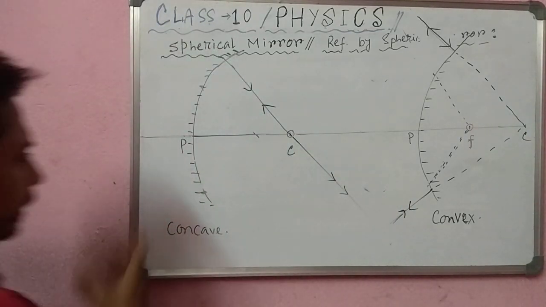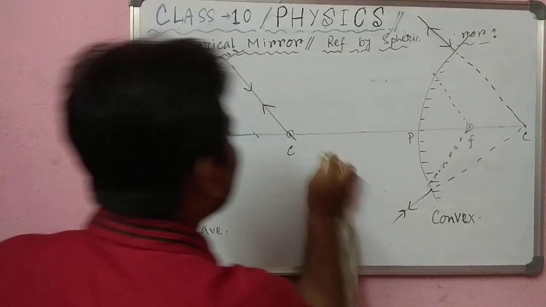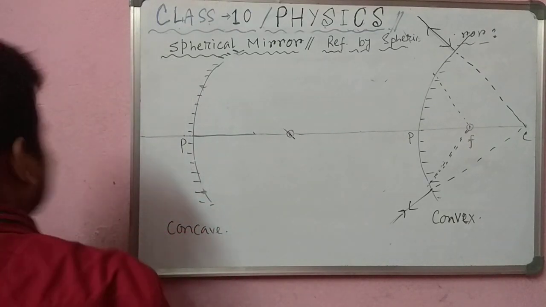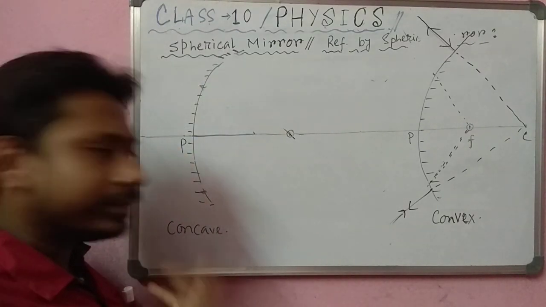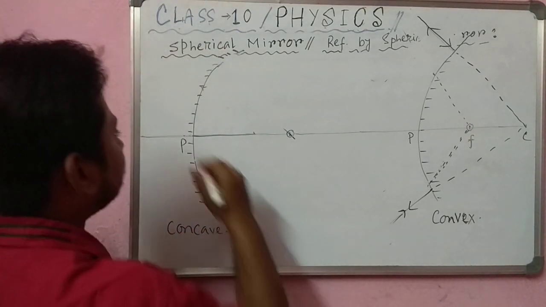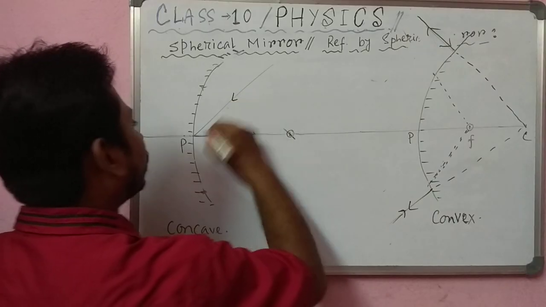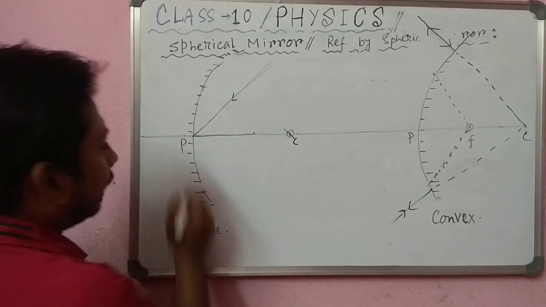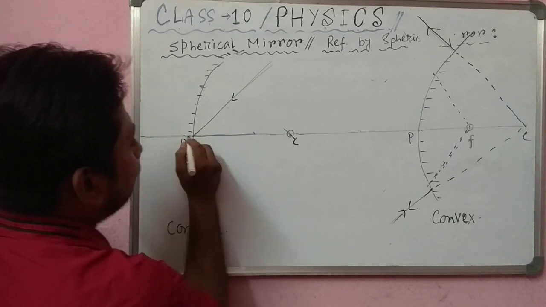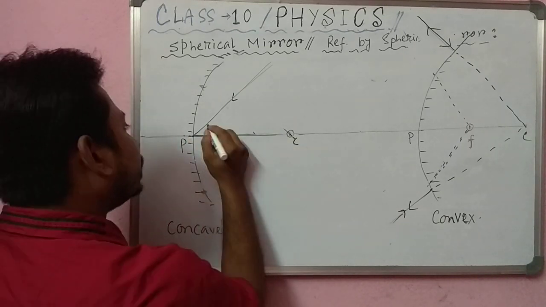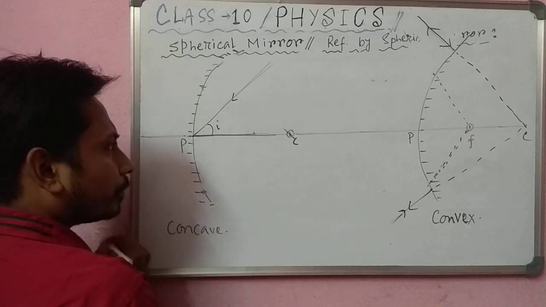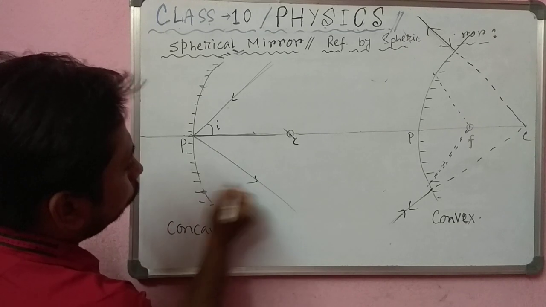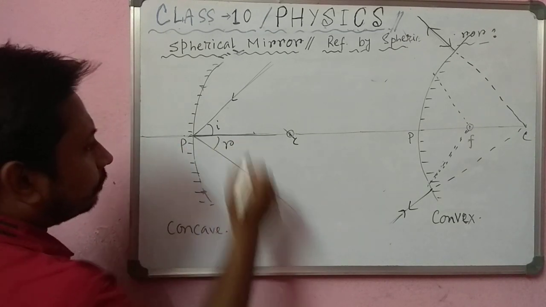Now student, you might be thinking, if the ray of light is incident in any other way or falls on another point, then what happens? Suppose a ray of light is pointed to the pole, then what happens? This is actually the normal, student. This is called the angle of incidence, and the reflected light passes like normal reflection.